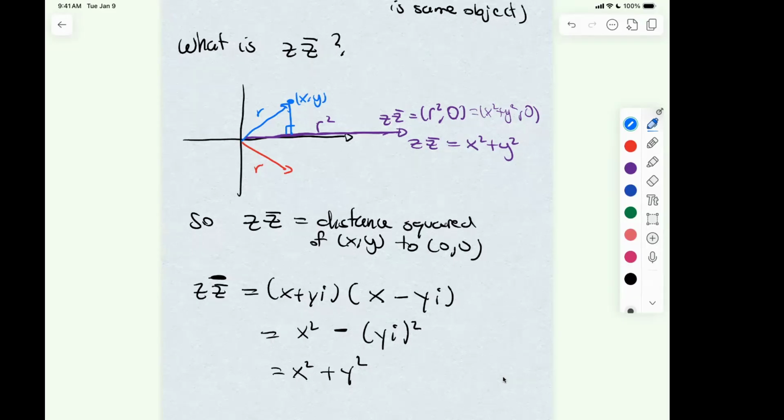Is that making sense? Okay, and so why would you do this? I'm saying that this is a useful thing to do.